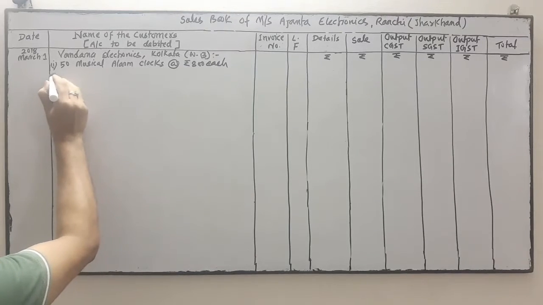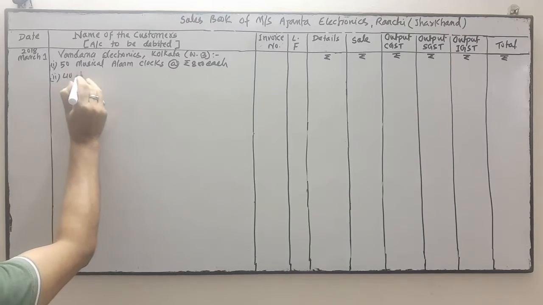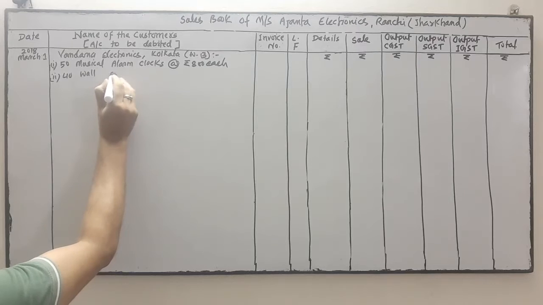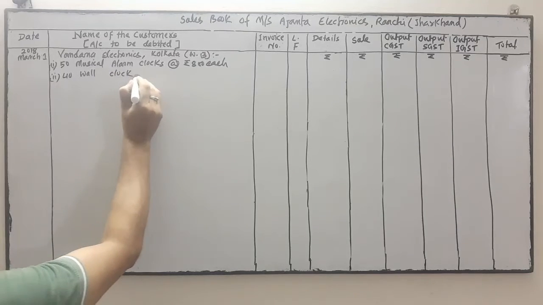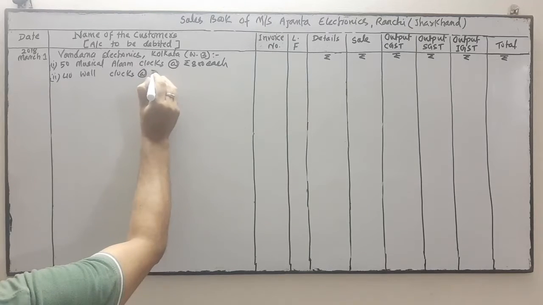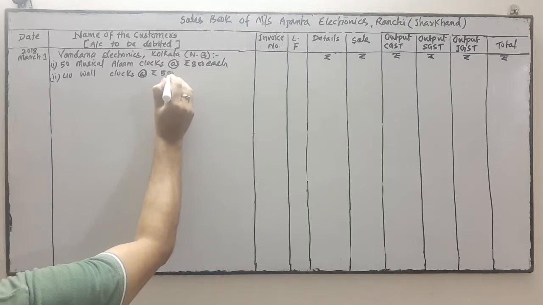And the second one sold is 40 wall clocks at the rate of rupees 500 each.